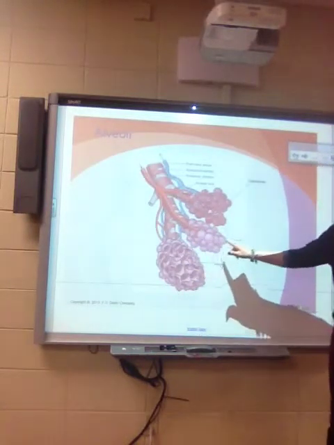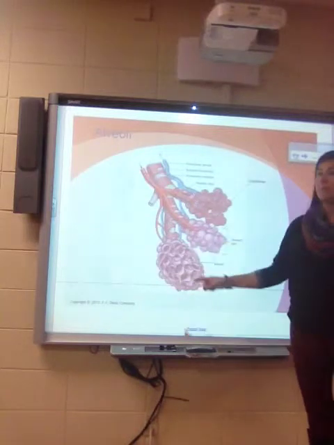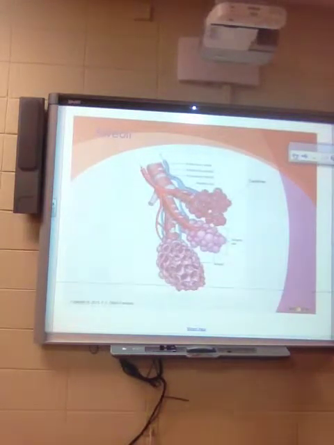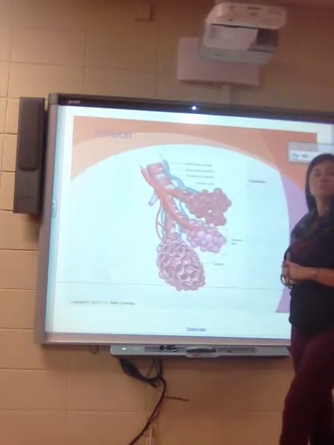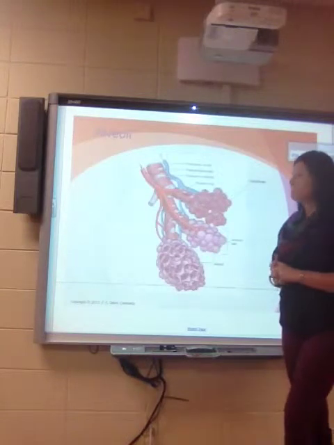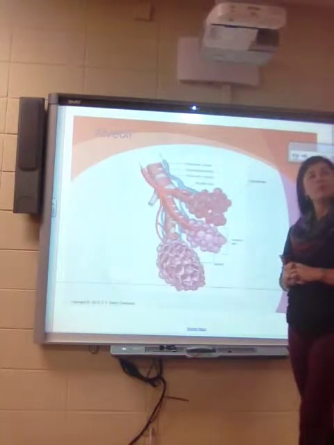Alveolar sacs are made up of epithelium. How many layers do you think they are? So when we were thinking about skin and you were thinking about simple and stratified, do you think they're simple or stratified? Why simple then? Because they can inflate and deflate.